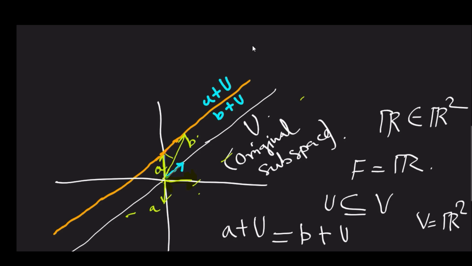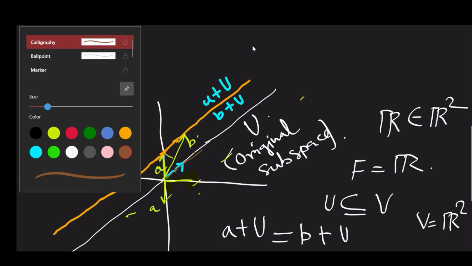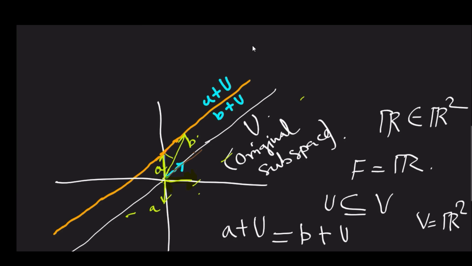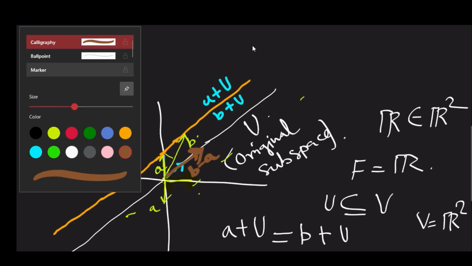You will see that this vector B minus A will also lie on the line denoted by capital U. However, we need to prove it.